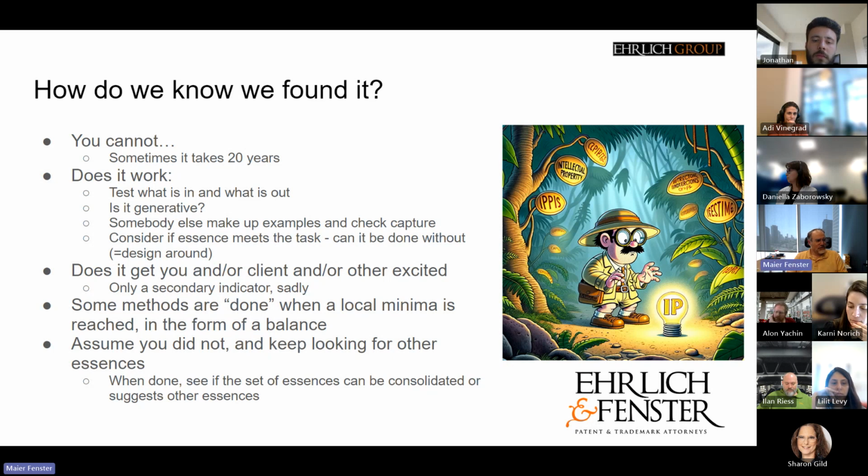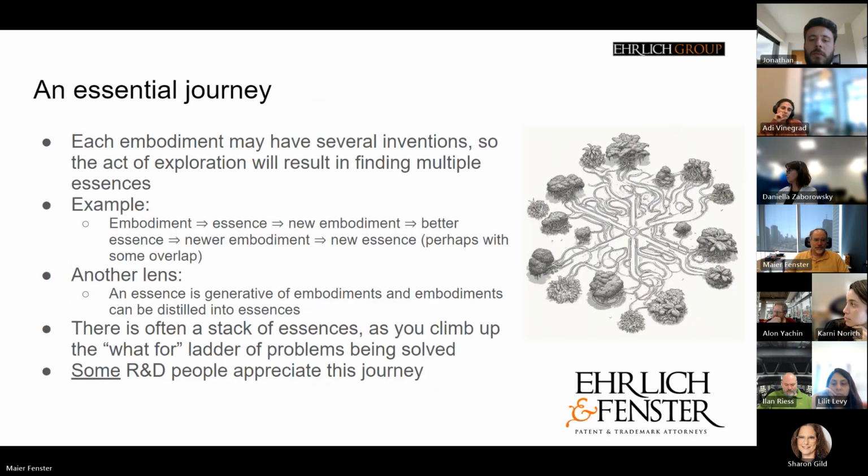And then once you have 2 or 3 different essences, ask yourself, maybe there's a meta essence that combines, sells them together, consolidates them. And that is a very common recommendation that I give. If you can't write a very, very broad claim that covers everything, write 2 claims, write 3 claims. And when we're done and we understand better, we can perhaps consolidate.